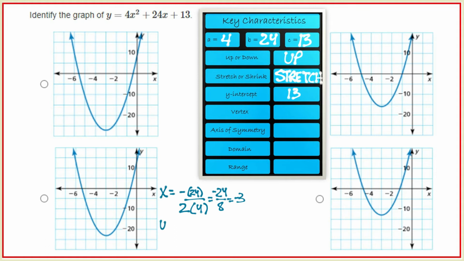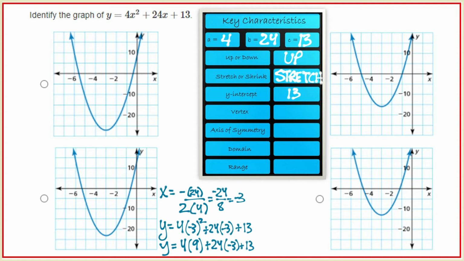And then we put it into the function, and we have 4 times negative 3 squared plus 24 times negative 3 plus 13, and that will make y equals 4 times 9 plus 24 times negative 3 plus 13.